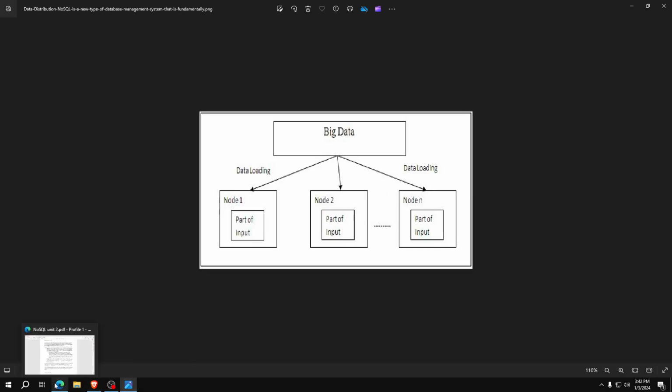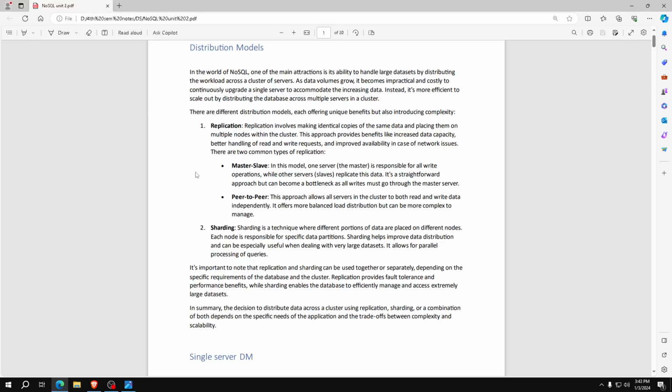So this is how we perform distribution on our data, on our databases. It's important to know that we can use either replication or sharding, or we can use both sharding and replication together. But they have their own disadvantages when using only one of them. Only replication can cause so much redundancy, so it can require a little bit more space.